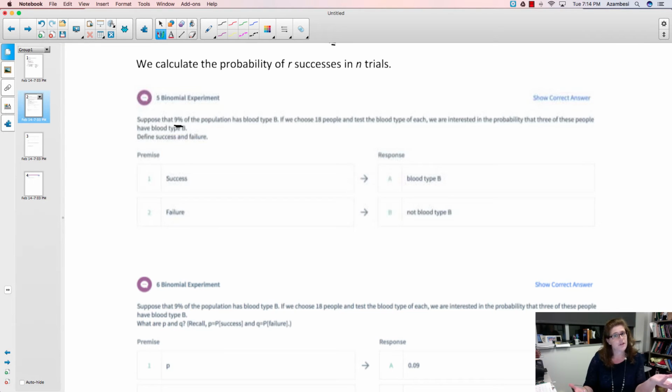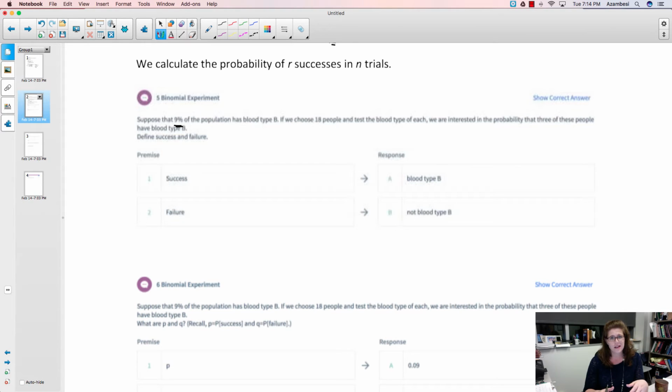First, if you ask yourself if this is something that is binomial, binomial means that we have repeated trials. In this case it would be each individual person, and each one's independent. So if one person has blood type B, it doesn't have anything to do with whether or not someone else that we've randomly selected has blood type B. So this is binomial. And we have to think about what we have for a success.